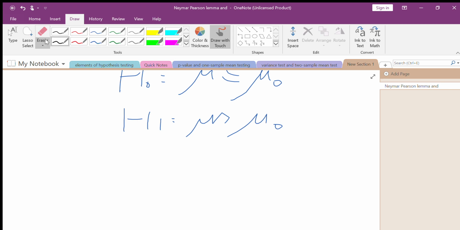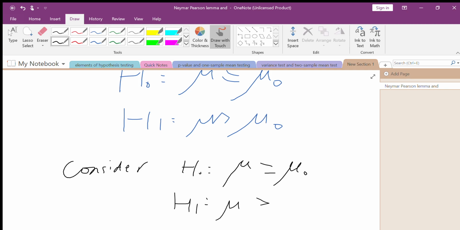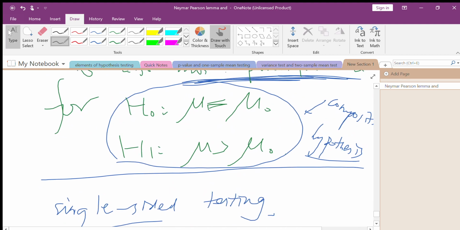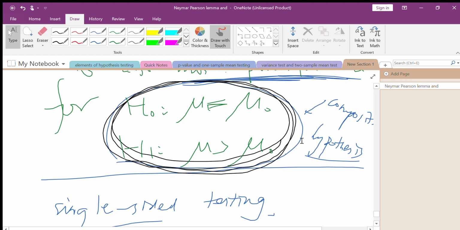So the first step is, let's think this way, consider H null mu equal mu 0, H1 mu greater than mu 0, which is this case. We have done this in this example.